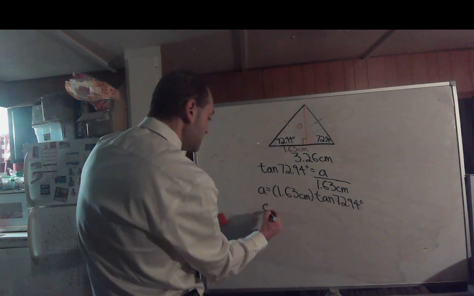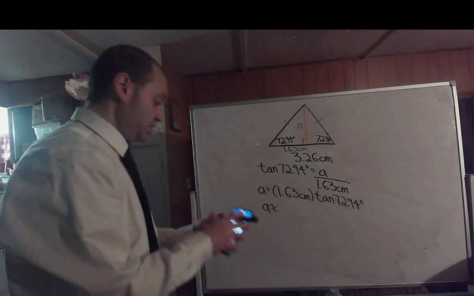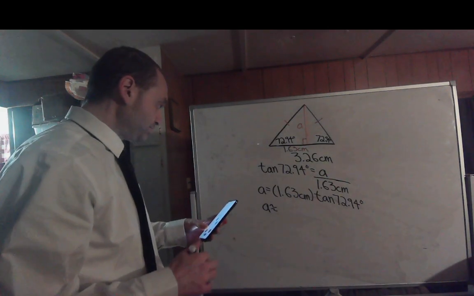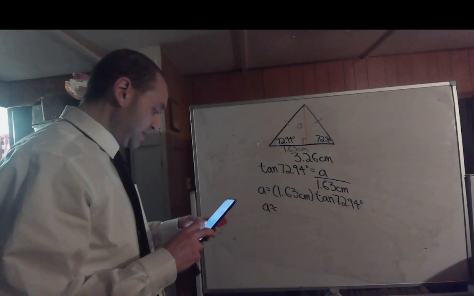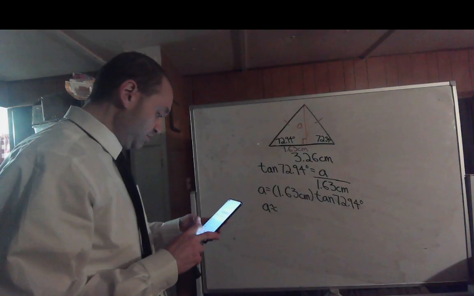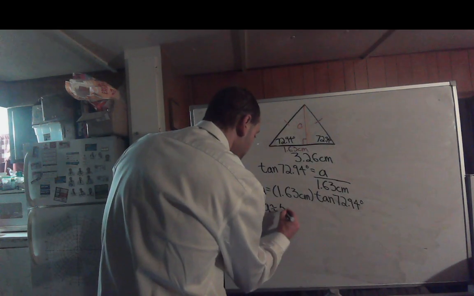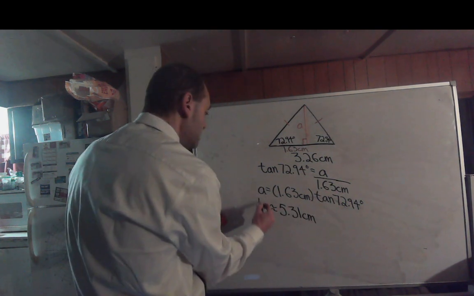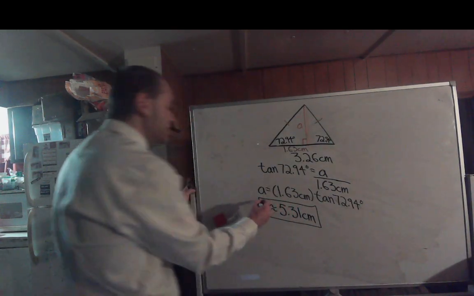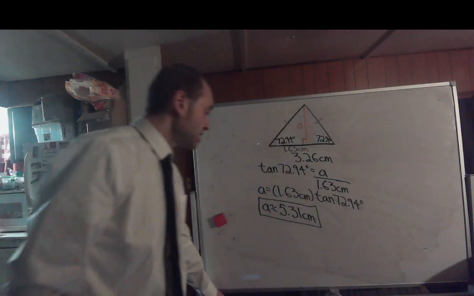And let's get a 2 decimal place approximation, and then we'll have the height of our altitude. Alright, so 1.63 times the tangent of 72.94, and you get an altitude of approximately 5.31 centimeters. So the altitude has a height of approximately 5.31 centimeters.